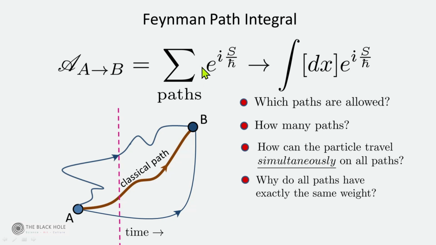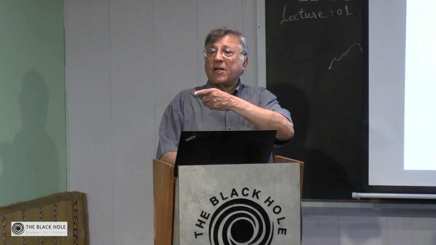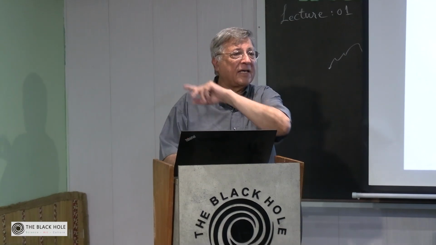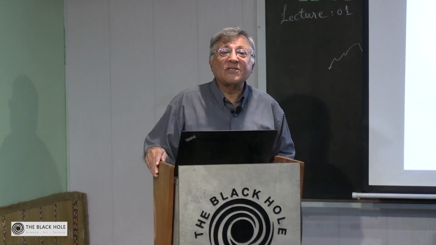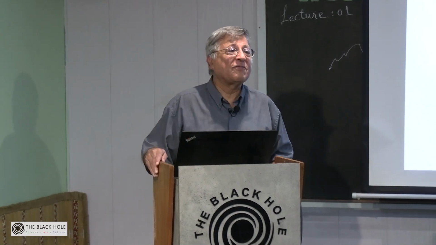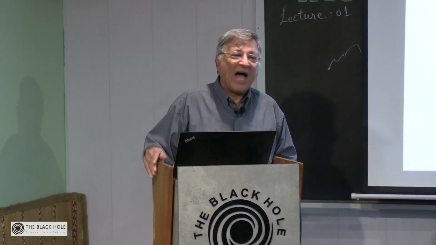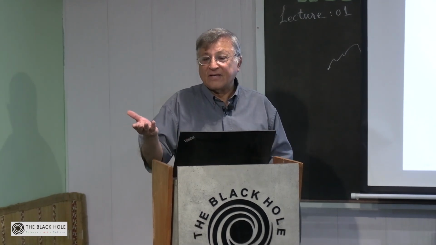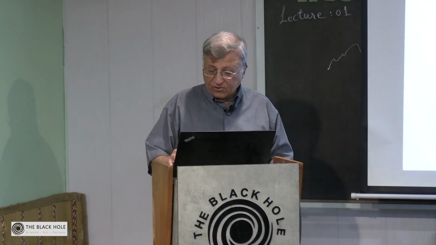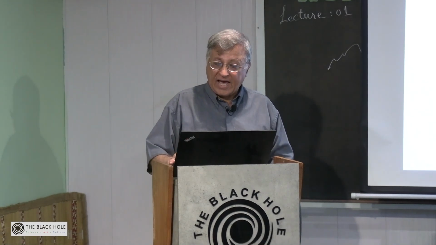It doesn't say 2 times this and plus 3 times e to the iS3 over h bar. Actually, you'll get the answer for this question from quantum mechanics. I won't give it to you because I don't understand quantum mechanics, but quantum mechanics will give you the answer. We'll see it very shortly, why all the paths have the same weight.